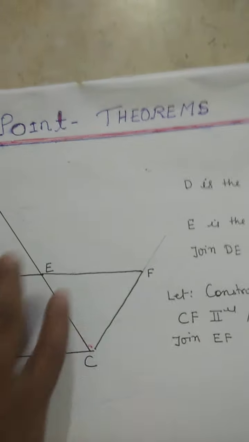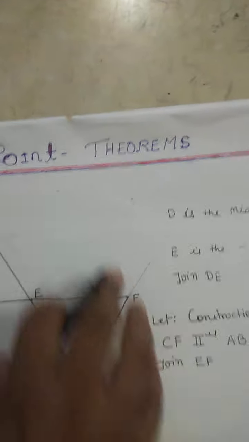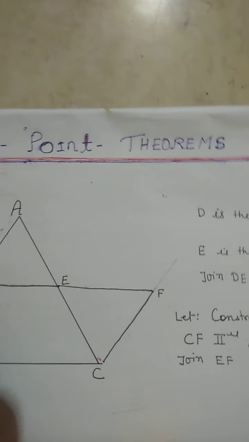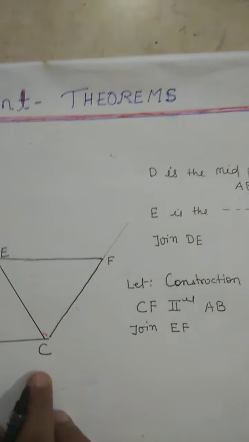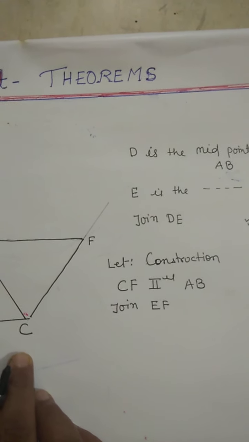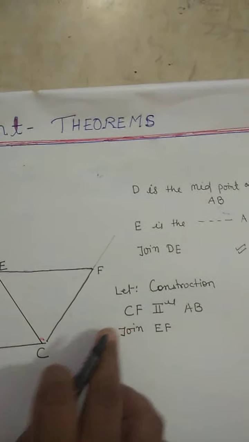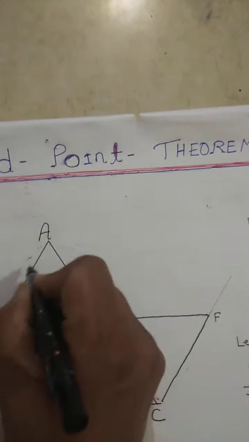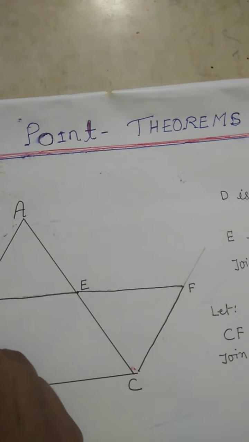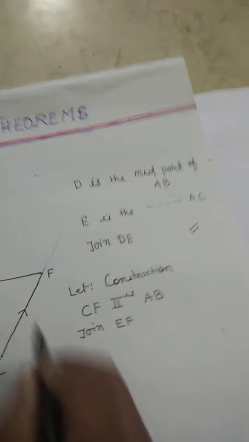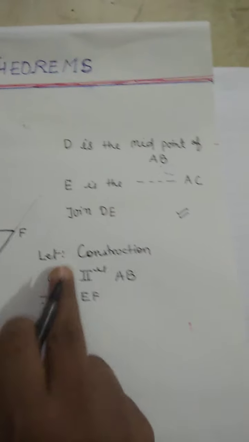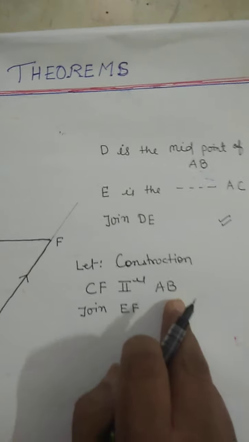Now you have three triangles, but we are going to compare two triangles: ADE and EFC. But first of all, check this. We said AB and CF, this is construction. I have already said this is construction: CF is parallel to AB.